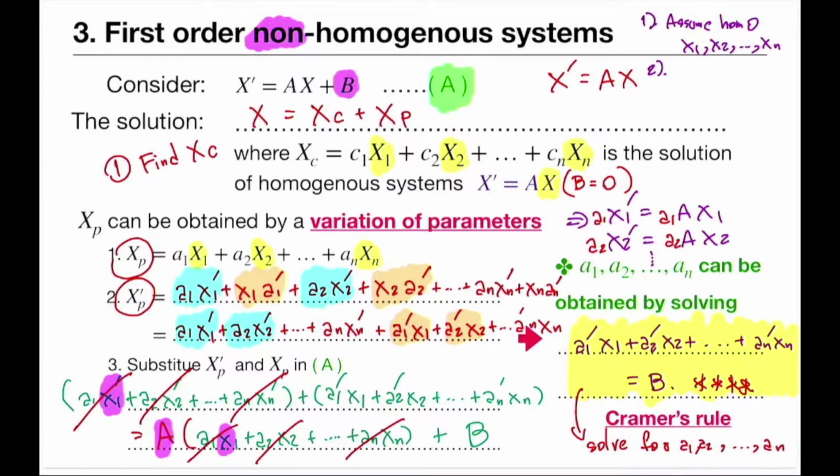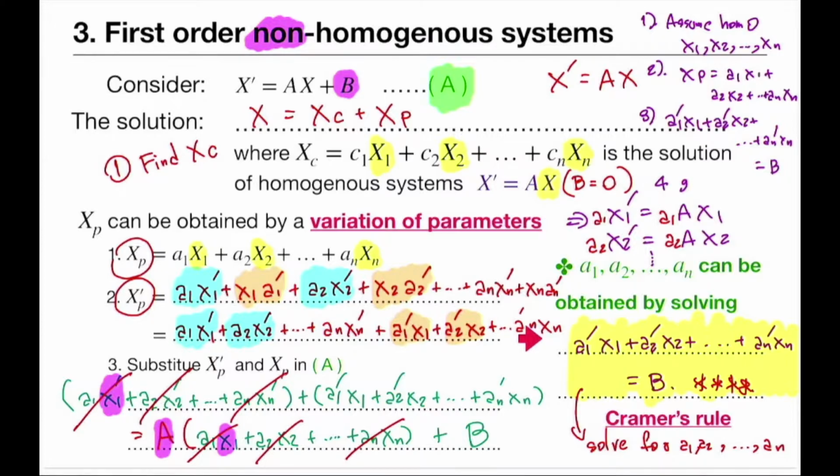Second, we let xp be a1 x1 plus a2 x2 plus blah blah blah till an xn. Third, we solve this equation for a1, a2, a3 until an.